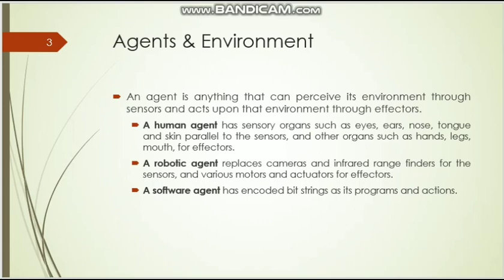An agent perceives from the environment. How? Suppose at the initial stage we know nothing. A baby has no idea about a flower, suppose a rose.